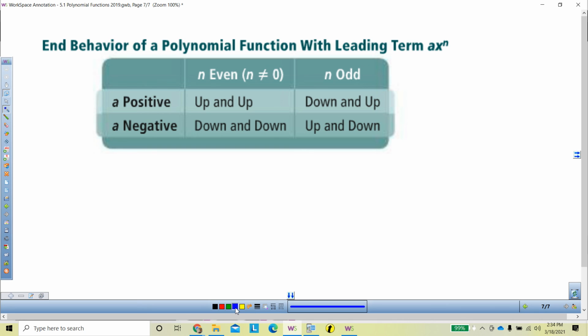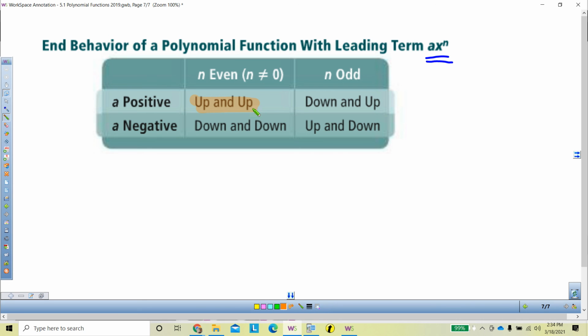Okay, so when they talk about this A positive N even thing, they're talking about this thing right up here. Right, so we've already talked about positive A, negative A in terms of quadratics. Right, if it's x squared, positive A right side up, negative A upside down. So this deals with any exponent. Okay, so we're going to focus first right here in this square when it's an up.